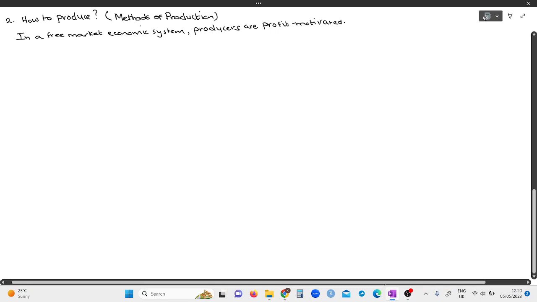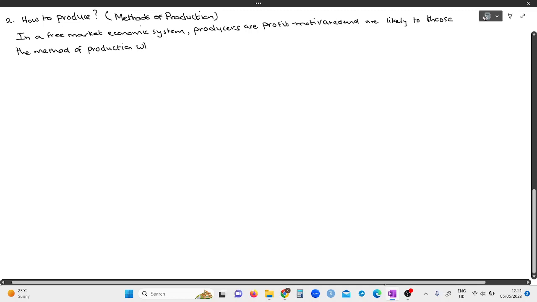So, in a free market, producers are profit motivated and are likely to choose the method of production which is less costly.